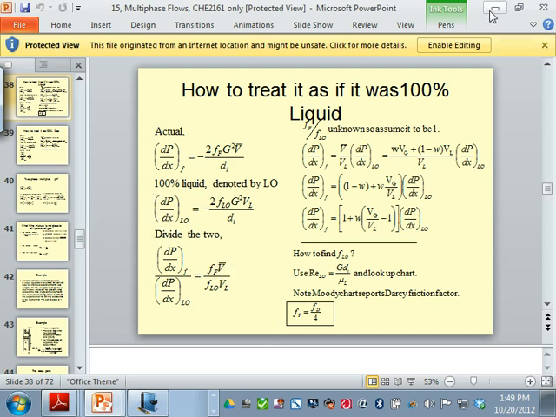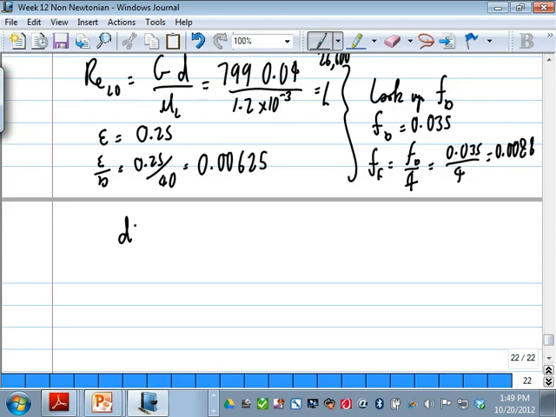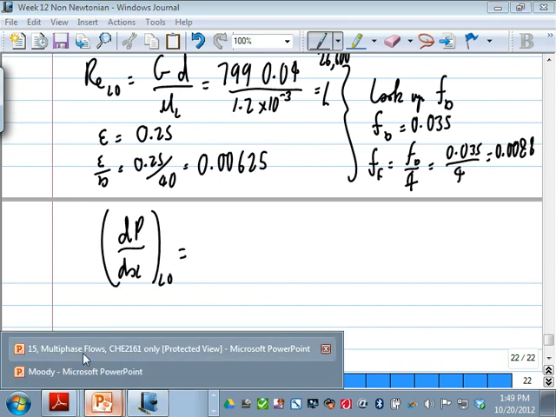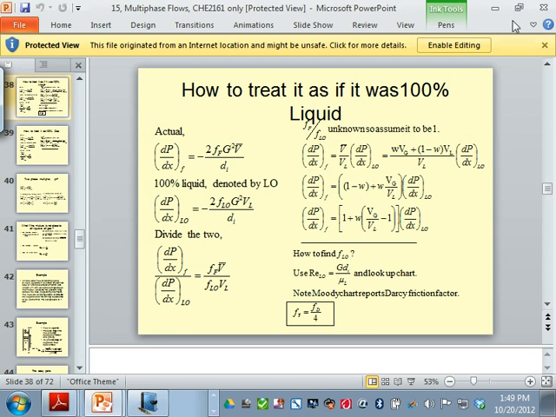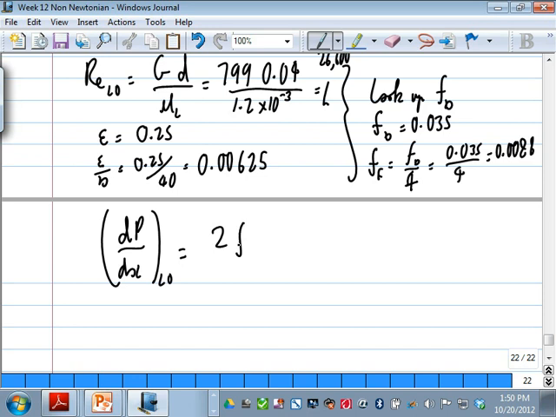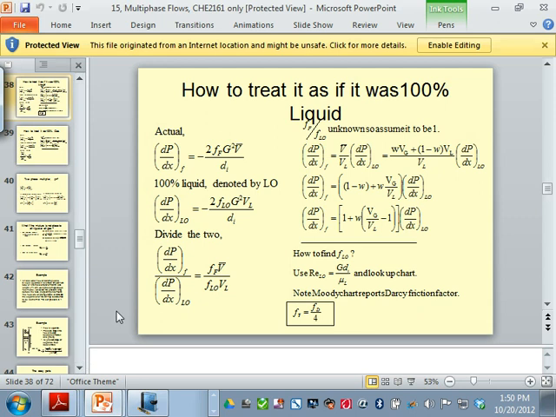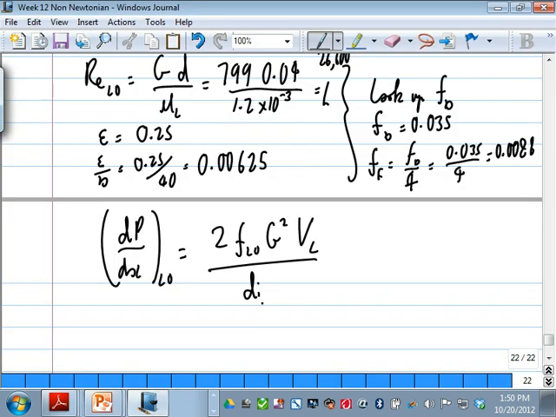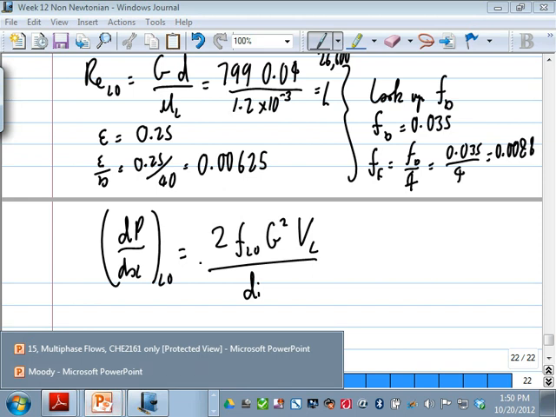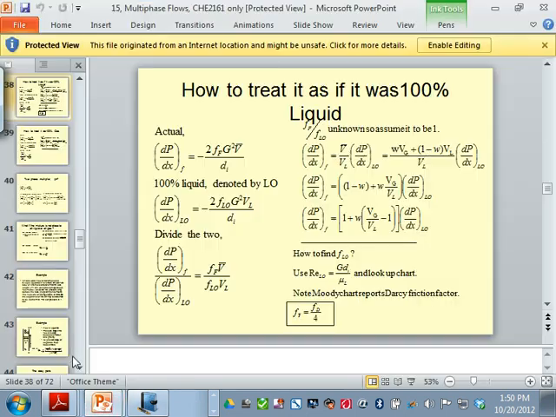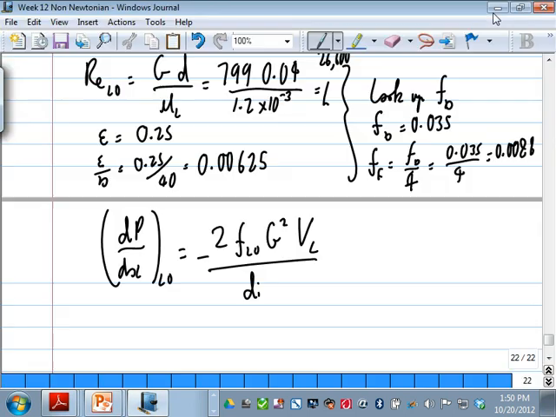dP/dx LO equals 2 F_LO G squared v_L over D_I. Is that okay?